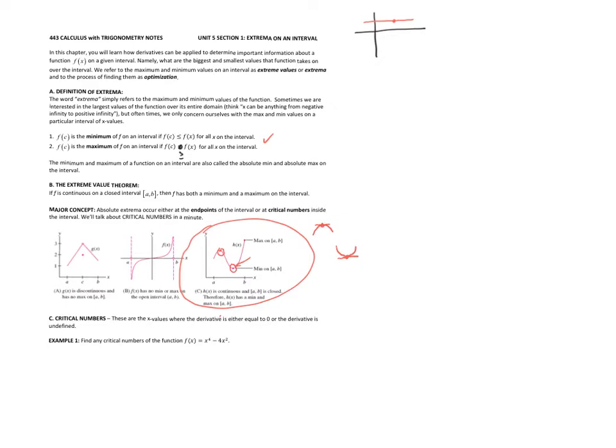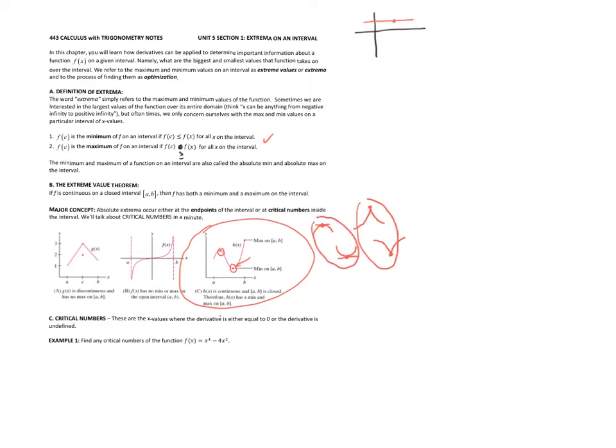Similarly, you can have relative mins and maxes that occur at places where maybe the curve comes to a sharp corner like that, or maybe it comes down like this. So these two examples here are examples where the slope would be undefined at those points, and they can yield mins and maxes sometimes. And these are examples where the slope is zero.